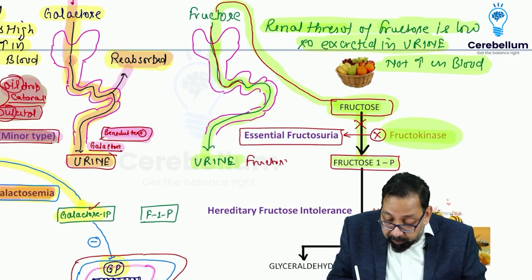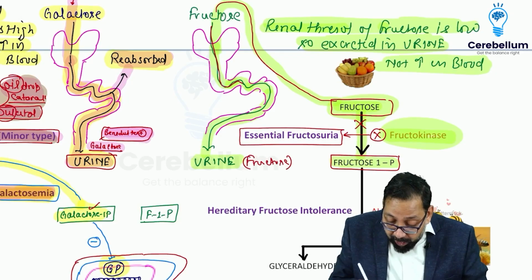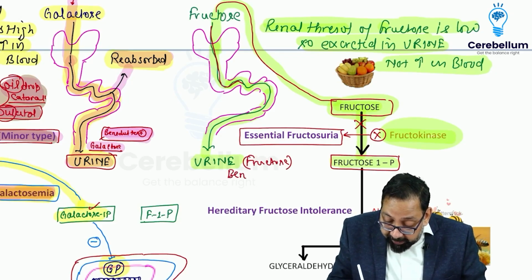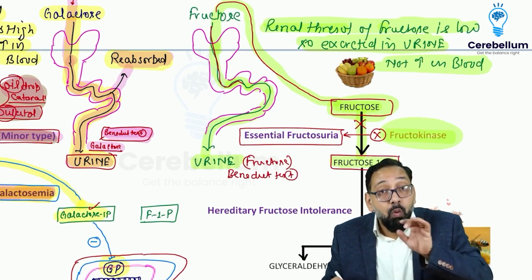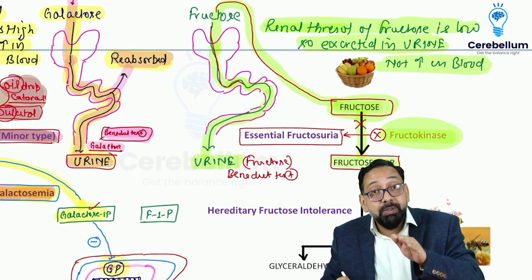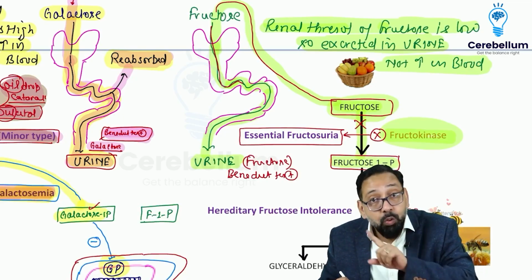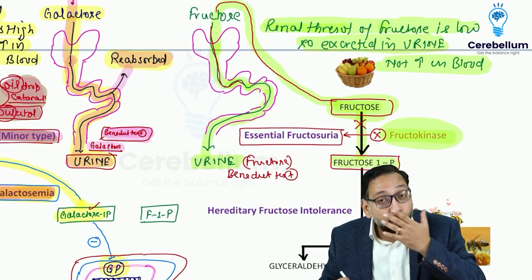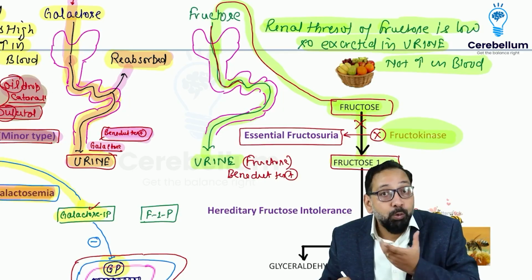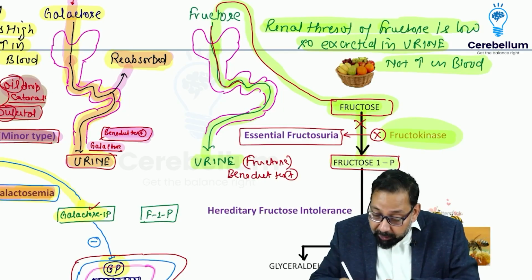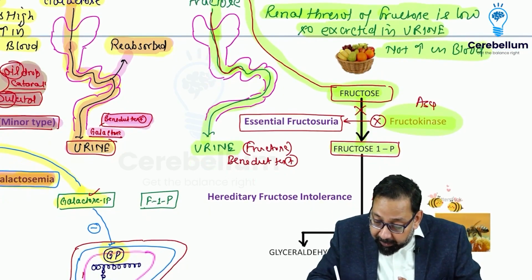And fructose is a monosaccharide, a reducing sugar, and reducing sugar gives Benedict test. Benedict test positive. So all extra fructose is present in urine. It is not increasing in blood. When it is not present in our blood, it will not affect our body. So no symptom would be there. So in essential fructosuria, the patient is asymptomatic.